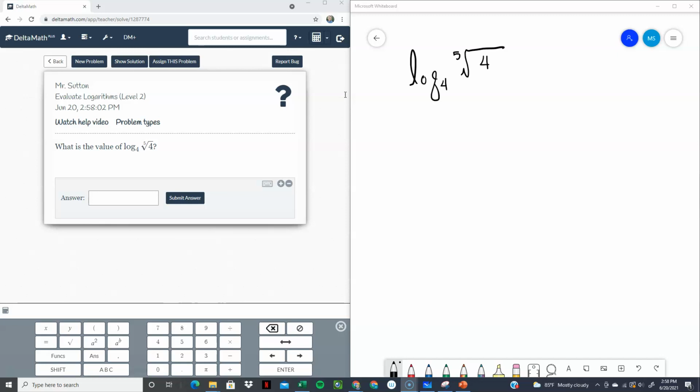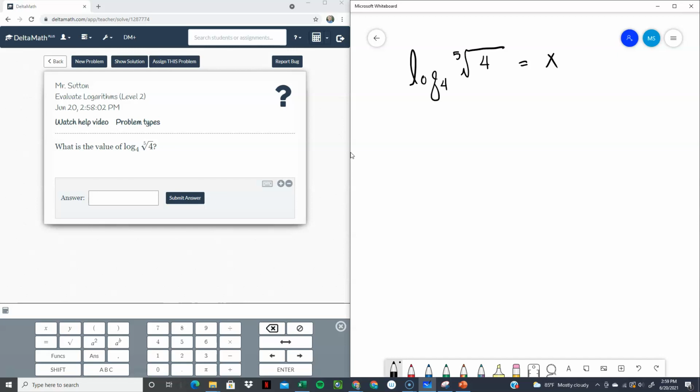So here we have, what is the value of log base 4 of the 5th root of 4, 4 to the root 5th, I guess you could say. So I have that rewritten over here. I want to change this to exponential form, so I want to create an equation here.